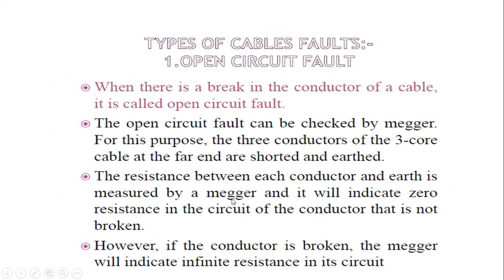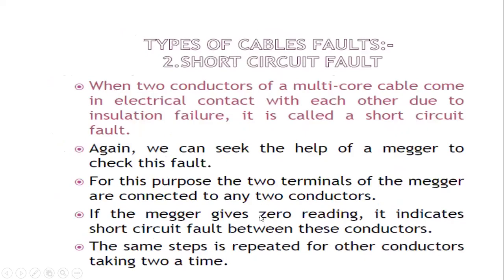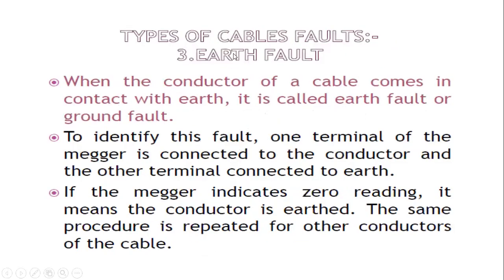If the Megger gives the zero reading, then we identify the fault. How is it measured? For short circuit faults, the two terminals of the Megger are connected to two conductors, and if it gives the zero reading, we identify a short circuit fault. Similarly, for earth faults, one conductor is connected to one Megger terminal and earth to the other terminal, and if the Megger indicates the zero reading, the earth fault is obtained.